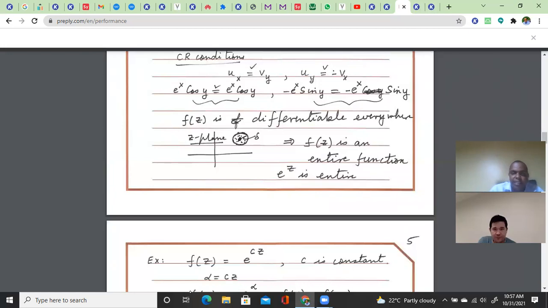So here's an example. Can we check this? Let's check it, and then we can compare our work with his work. So f of z equals e^(cz), right?